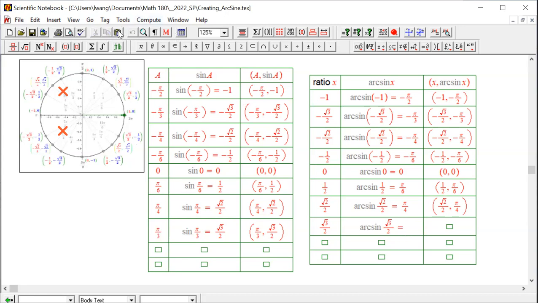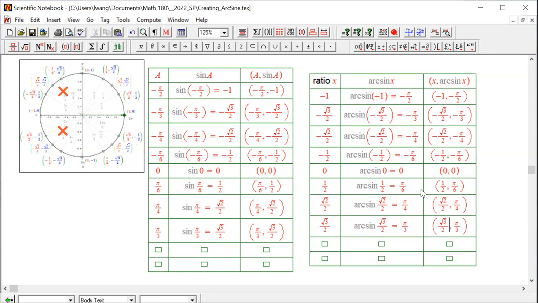Exactly one output. You see how the one-to-one function is guiding us through these steps? And that's input, output. This is really input and output at its practice.